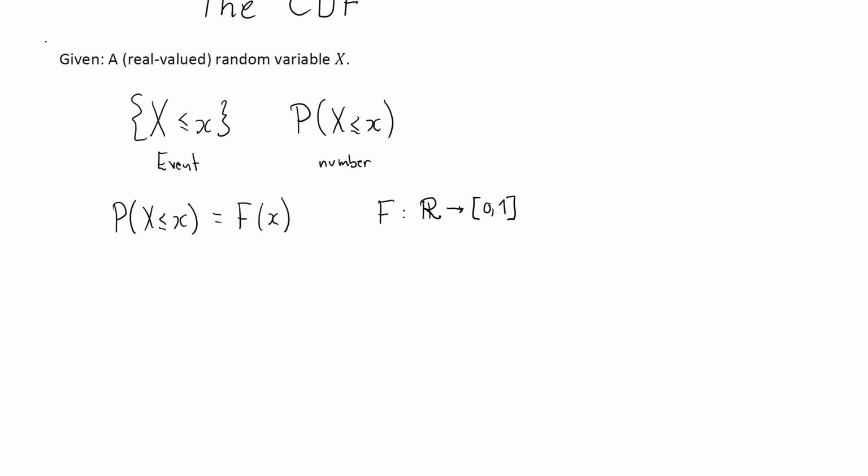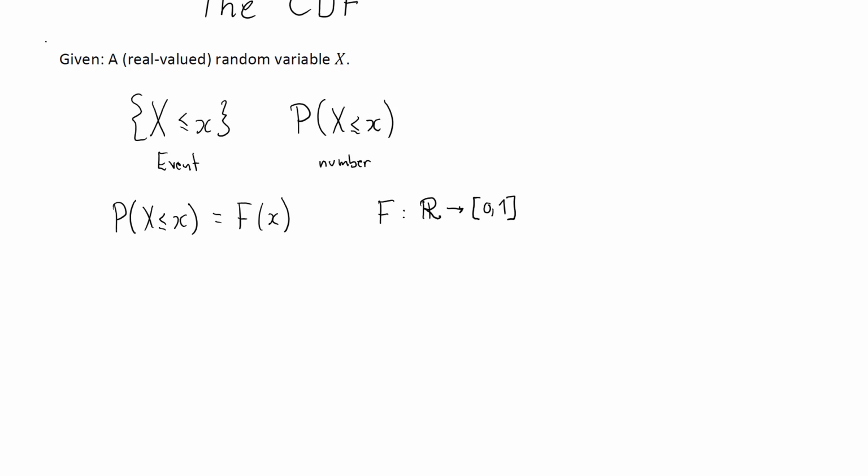Exactly how this capital F function maps real numbers into [0, 1] will depend on a lot of things. It will depend on how the random variable X is defined, but it will also depend on the experiment and the sample space and the probability measure.